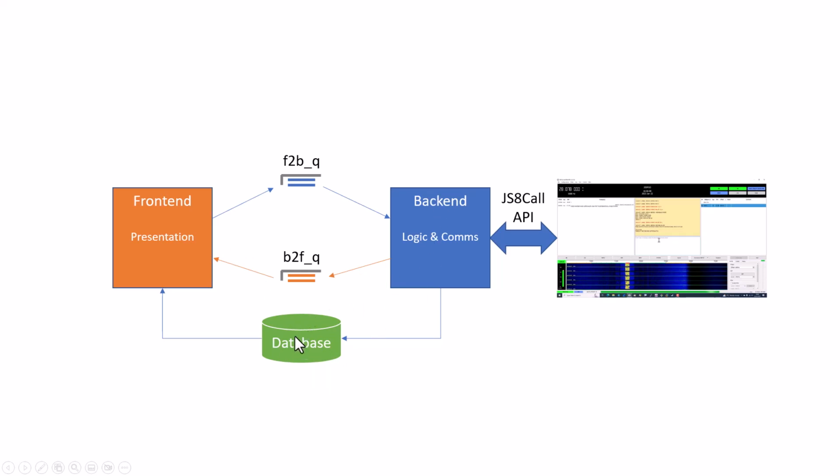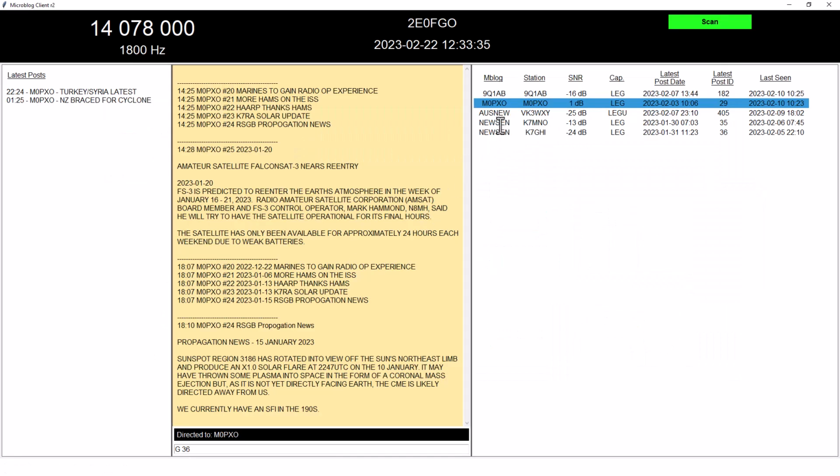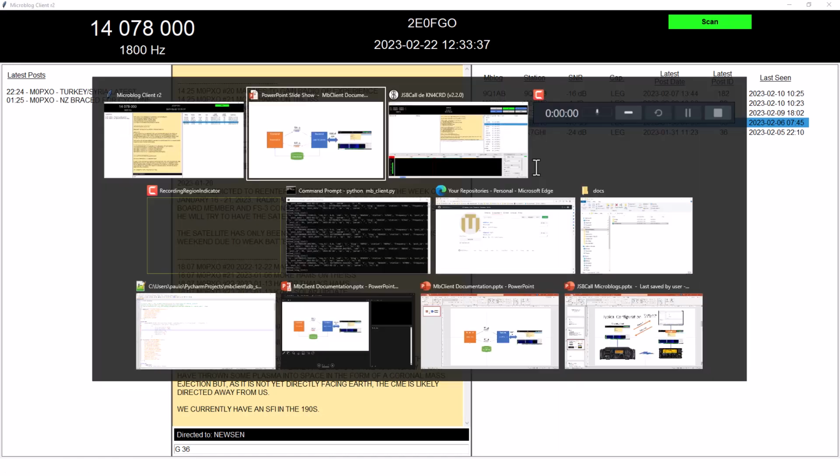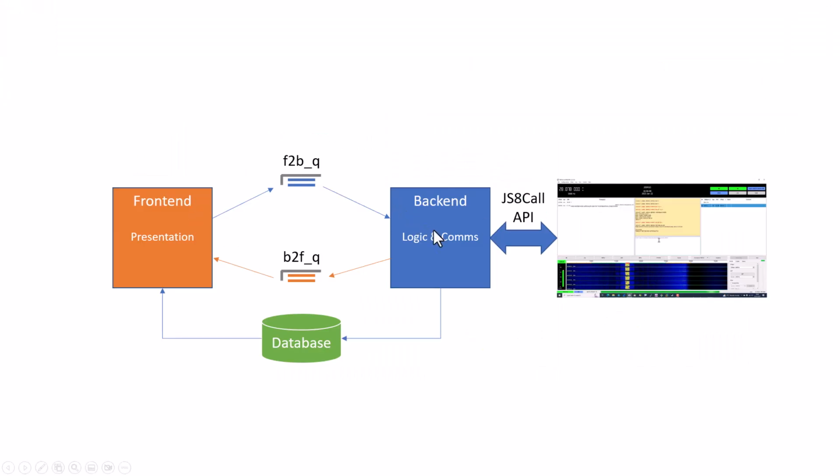The back end updates the database, and then the front end reloads that area. So for example, when I'm doing this, that is causing it to send a message to the back end. The back end changes the selected blog in the database, and the front end reloads it.